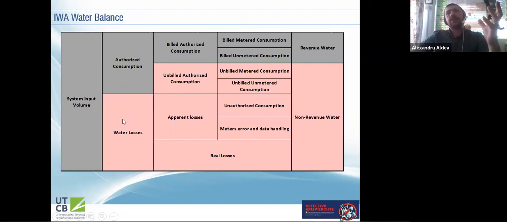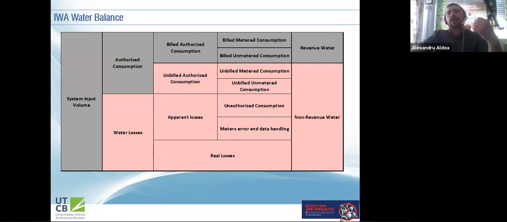The idea is that what you call non-revenue water is not made only of water losses. It has three major components: the real losses, the apparent losses, and the unbilled authorized consumption.